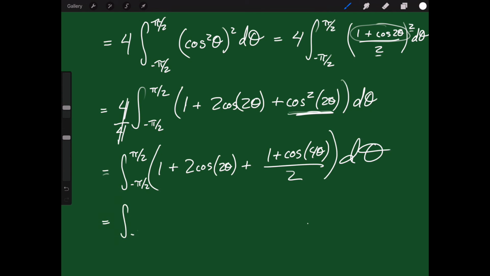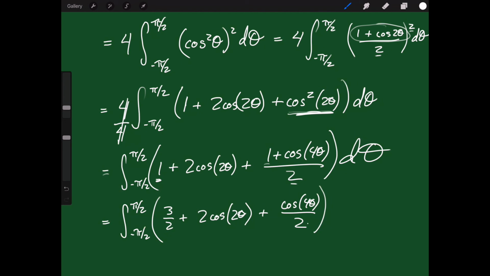Maybe I will. This is the integral from negative pi over 2 to pi over 2. This 1 and this 1 over 2 can combine to give me 3 halves, plus 2 cosine of 2 theta, plus cosine of 4 theta divided by 2, all of that d theta. Now I'm ready to take an antiderivative.